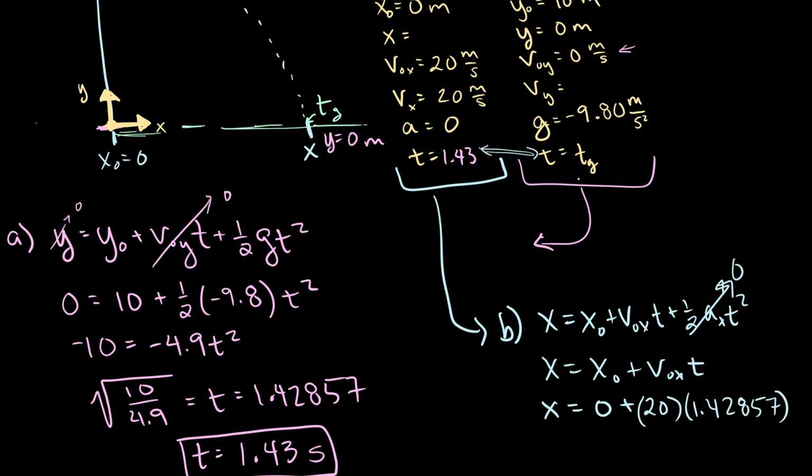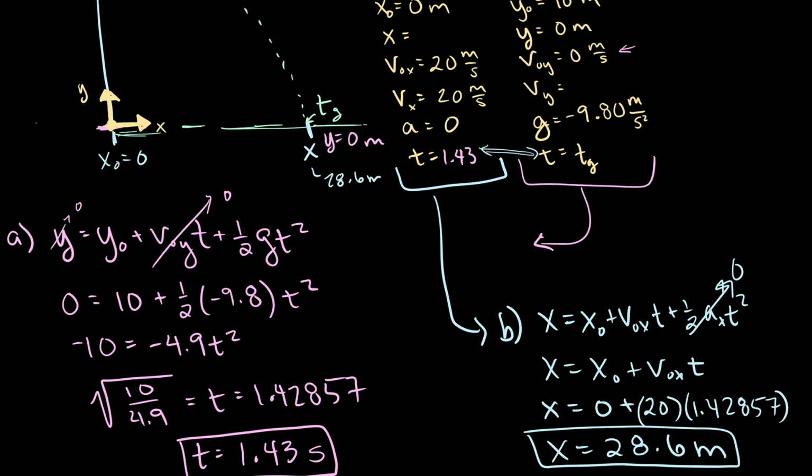That's a little ridiculous, I don't quite need that many extra decimal places, but just to show we don't want to use the rounded number for the time when we plug it in. What we get is x equals 28.6 meters. So that tells us this is going to land 28.6 meters away from the base of the parking garage, and the time that it landed was 1.43 seconds.